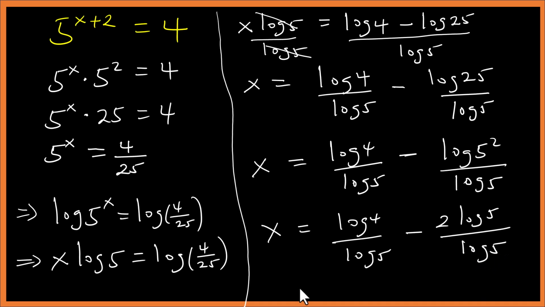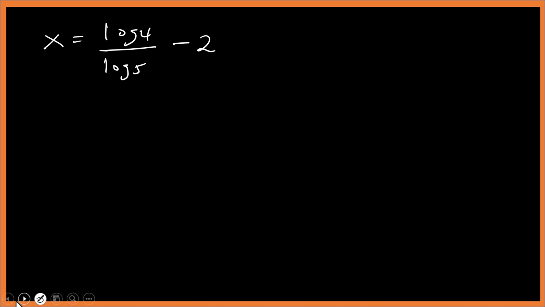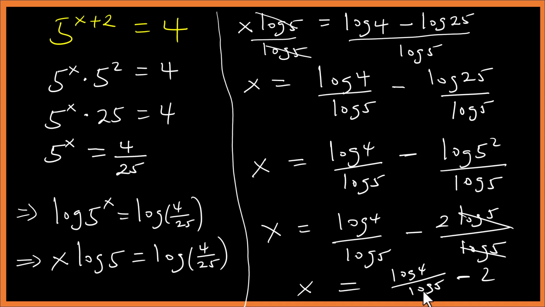Okay, so my x will be log 4 on log 5 minus, so this one will cancel, 2. So log 4 on log 5 minus 2 is here. Log 4 on log 5 minus 2.